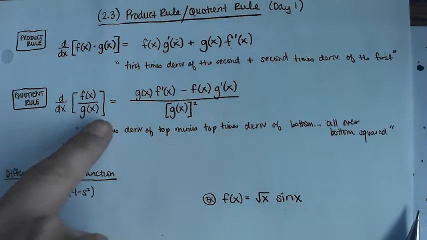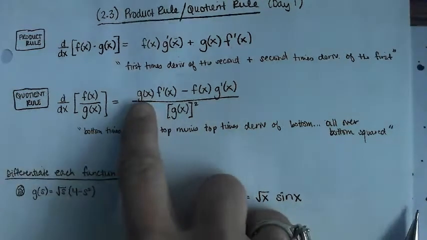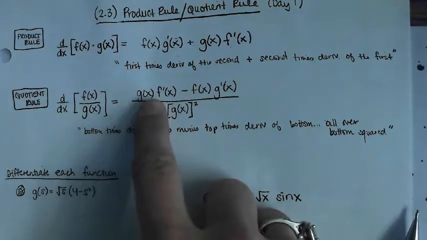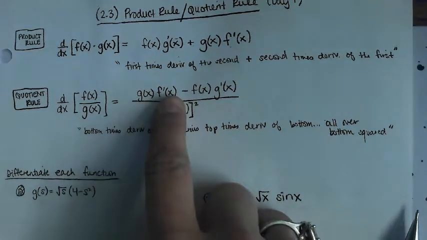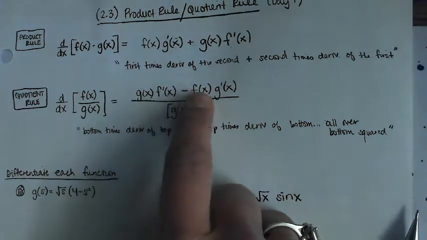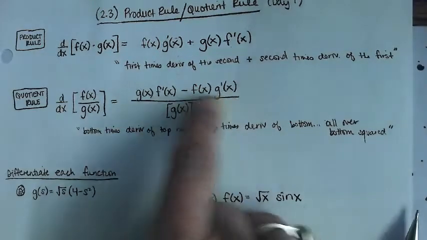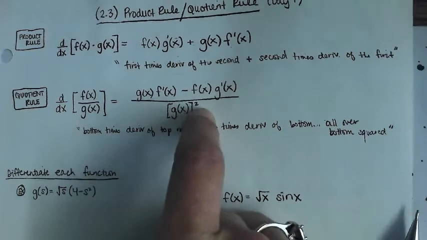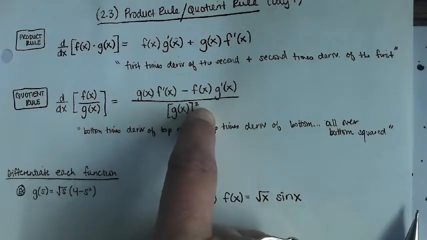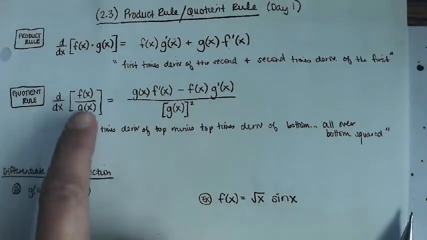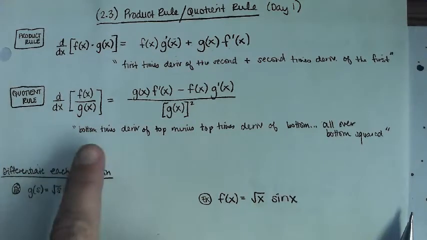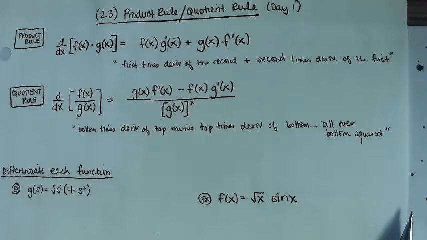And then the quotient rule is the denominator function multiplied by the derivative of the numerator function minus the numerator function times the derivative of the denominator function all over the denominator function squared. That'll give you the derivative for a quotient type function. So the quicker version of that: bottom times the derivative of the top minus the top times the derivative of the bottom all over the bottom squared.